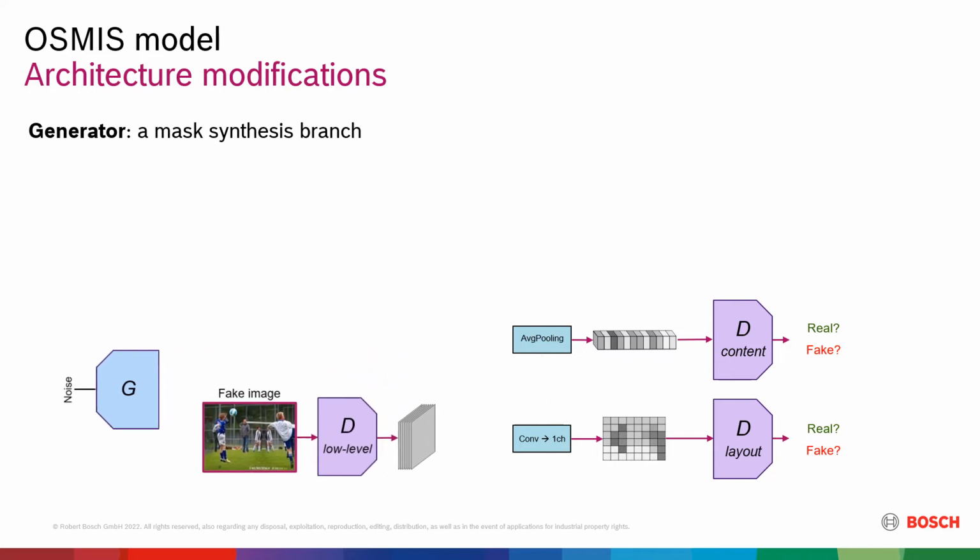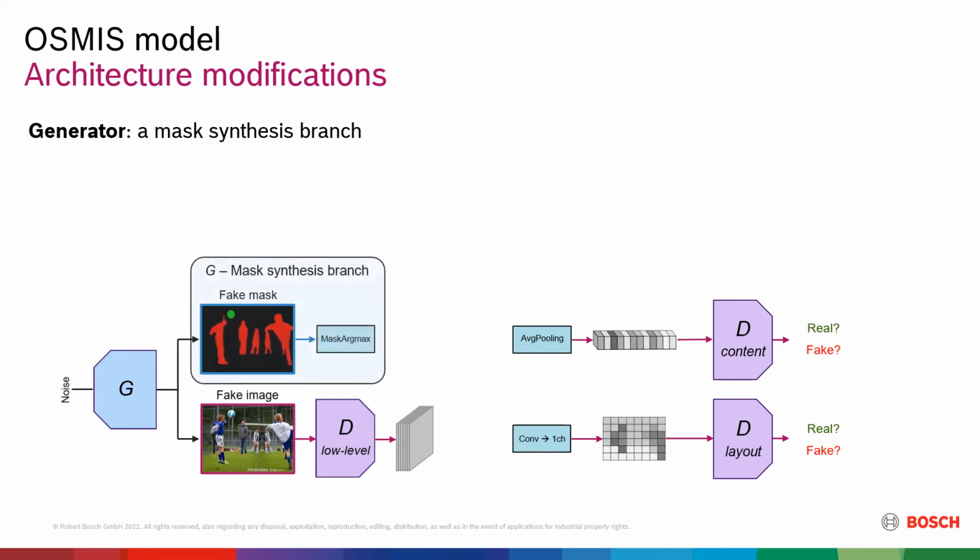Firstly, we modify the architecture of the generator, enabling the synthesis of segmentation masks via an additional mask synthesis branch. We hypothesize that during training, the generator should be able to learn discriminative features that describe which objects are generated at which locations. Thus, while synthesizing an image, we collect feature activations after the last generator block and use them as input for the mask synthesis branch.